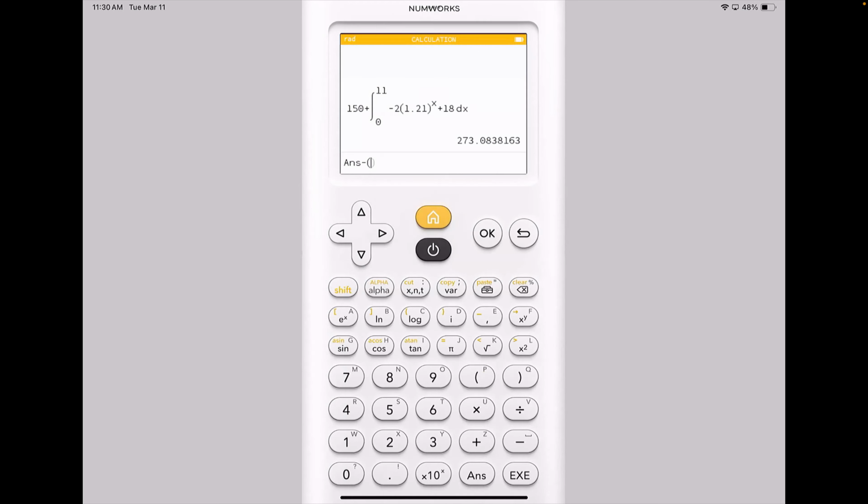P on your notes is negative 154, parentheses, 0.89, parentheses, to the T power. This is where I'm going to plug in 11. And then plus 154, close parentheses. So I'm subtracting that.